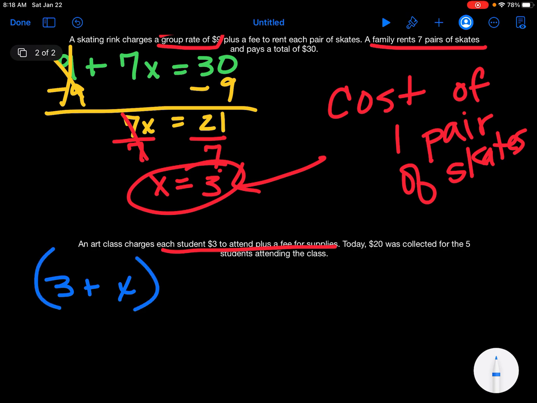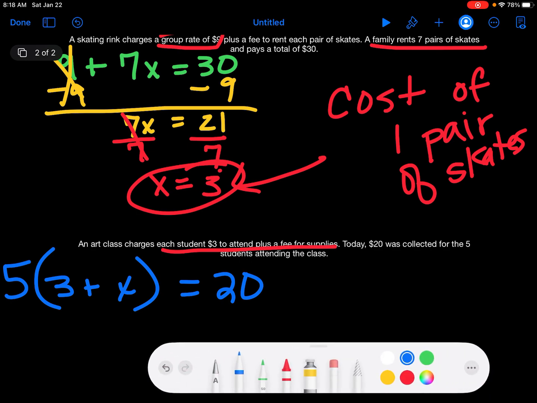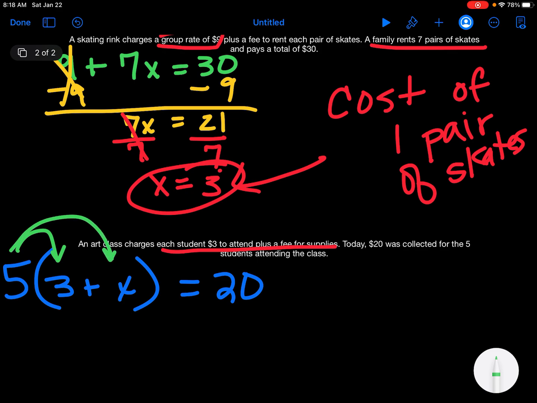So 5 people paid that. They all paid the $3 plus the fee for supplies. So the first step is going to be the distributive property. So 15 plus 5x equals 20.